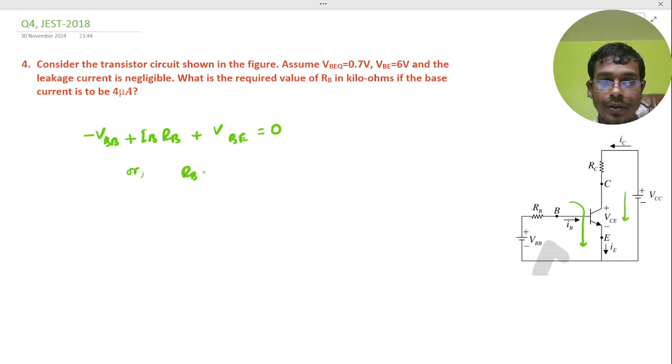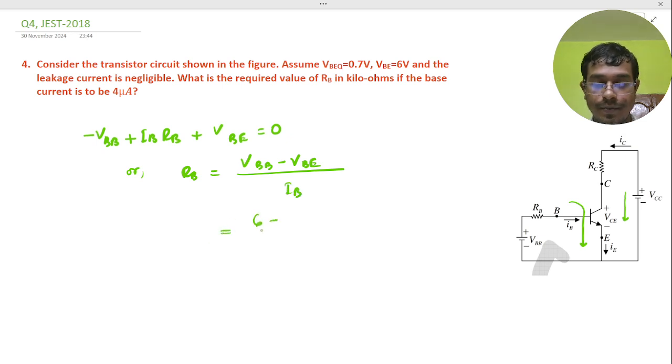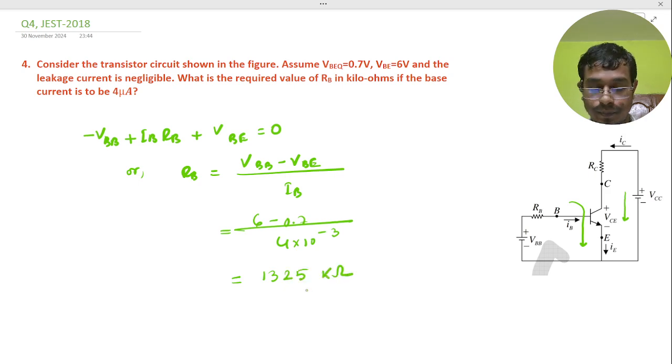So basically we get RB equals VBB minus VBE divided by IB. Put this value: 6 minus 0.7 divided by 4 into 10 to the power minus 6, that would become 1325 kilo ohm. So 1325 would be our numeric answer for the JEST problem.